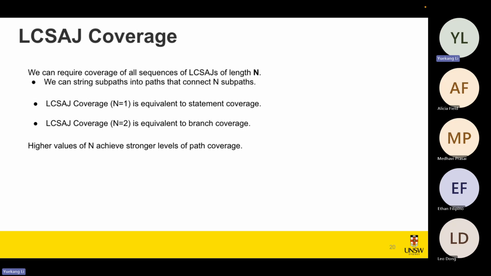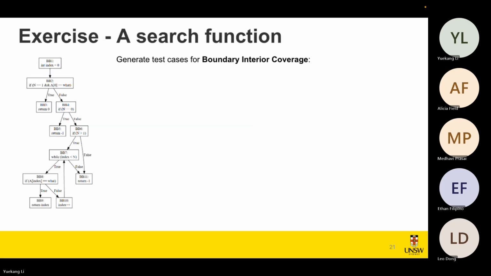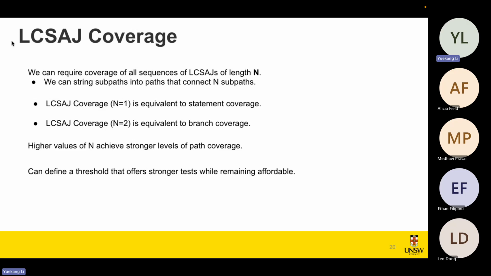And higher values of n can achieve stronger levels of path coverage. And we can define a threshold to offer strong test cases while keeping the budget affordable. So that is why we introduce LCE SAJ.